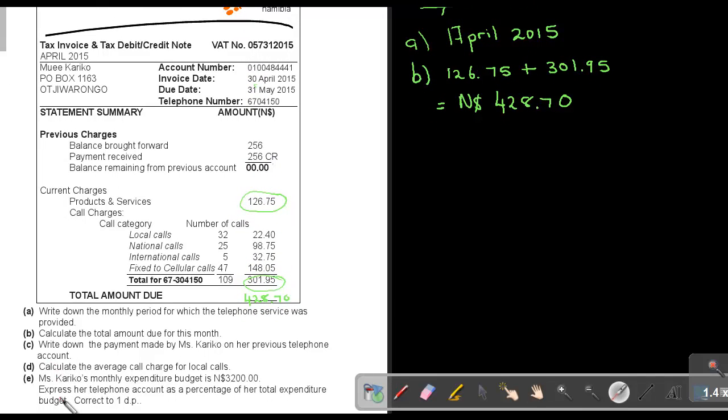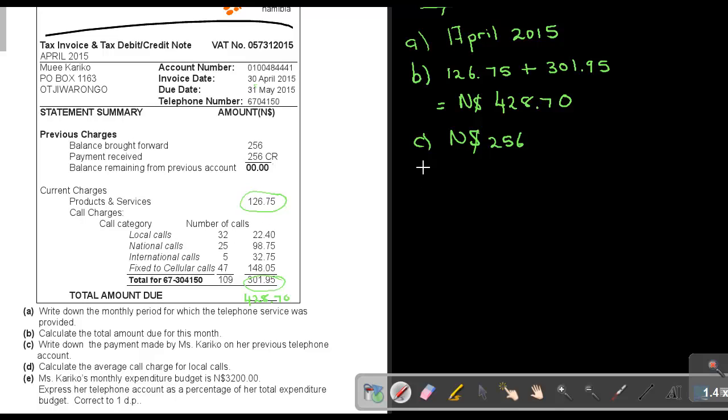Okay. Write down the payment made by Mr. Kariku on her previous telephone account. That was the payment. So what did she pay? She paid the full amount, and that was 256 Namibian dollar. Then calculate the average call charge for local calls. Local. So this is the total cost.